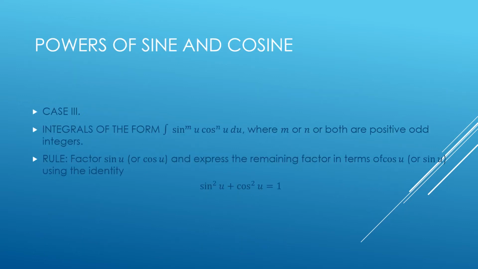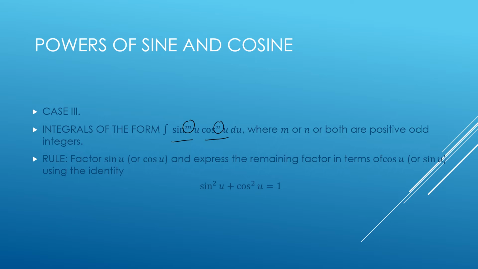We now proceed to case 3, wherein the integral is of the form sine^m u cosine^n u du. Take note that sine and cosine appear together in the integrand with powers m and n.